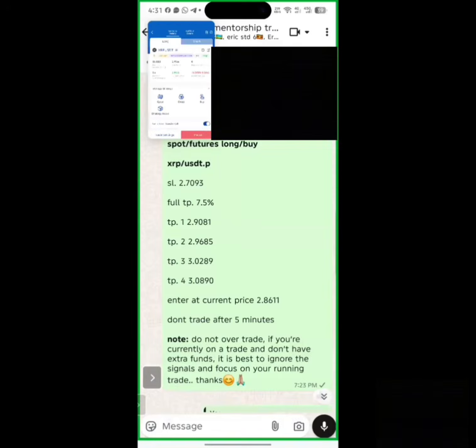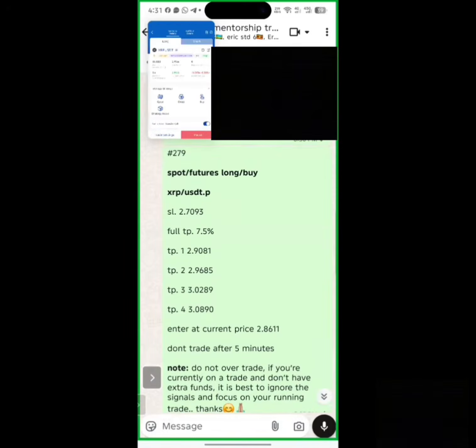Let me bring out the signal again. Can you see the stop loss? After the XRP USDT, we have SL 2.709.